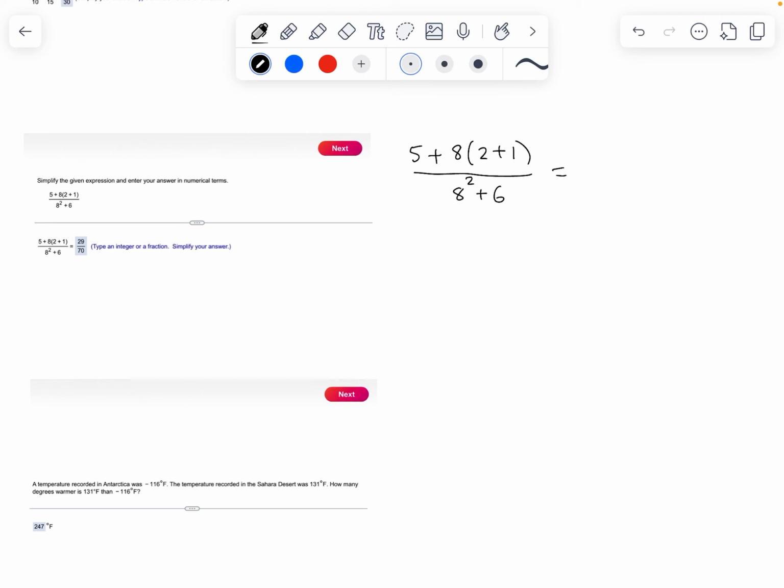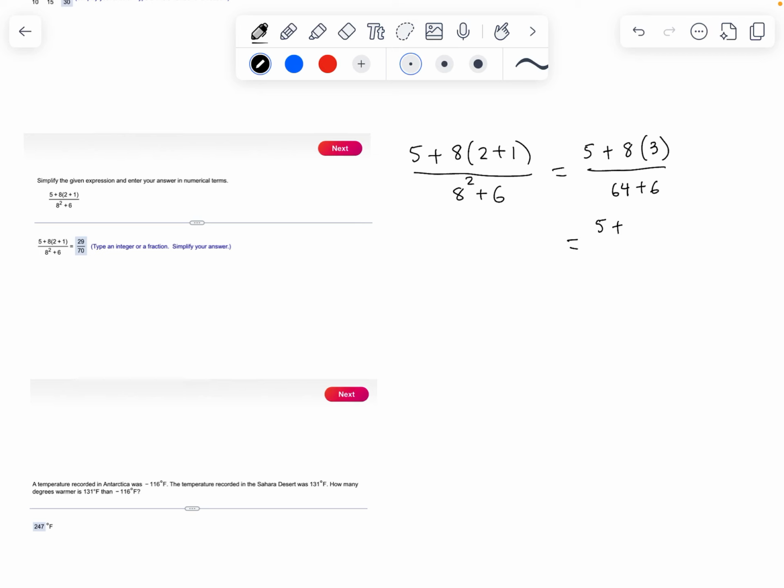So I'll write 5 plus 8. Then I'll do the operation inside the parentheses first. 2 plus 1 gives 3. Then I go to 8 squared. 8 squared is equal to 64 plus 6. Then I do 5 plus.